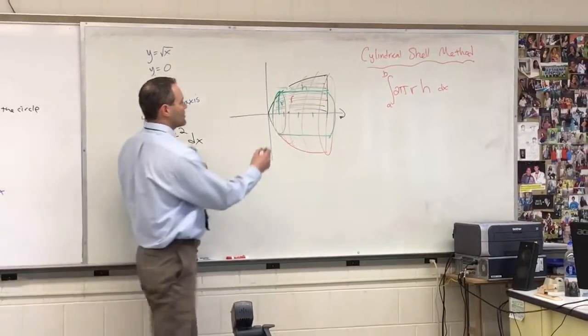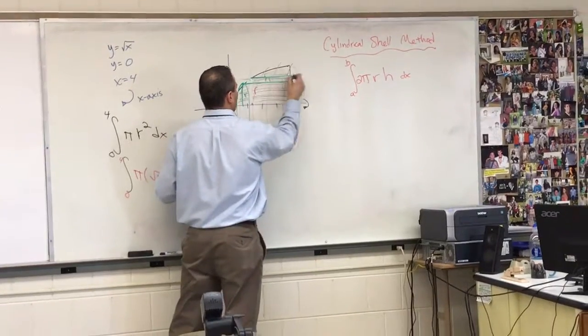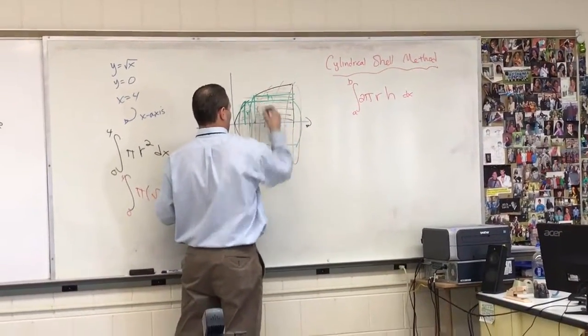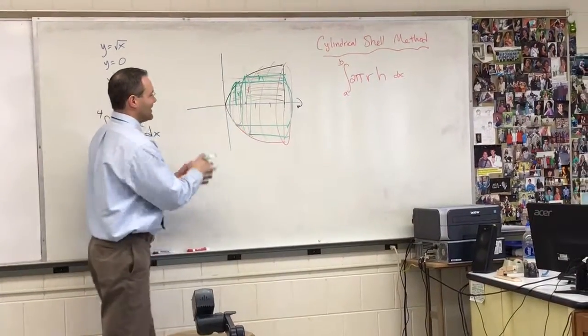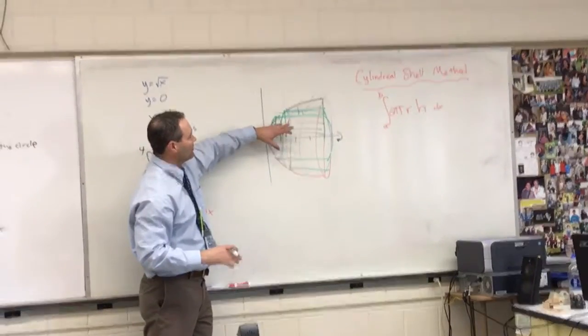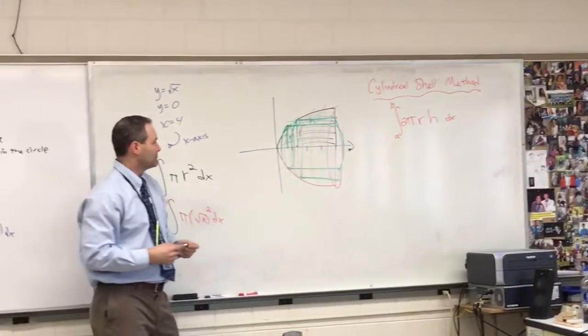Another shell would look like, you can imagine, we're stacking the shells. They're hollow cylindrical shells to form the volume. How are they hollow?